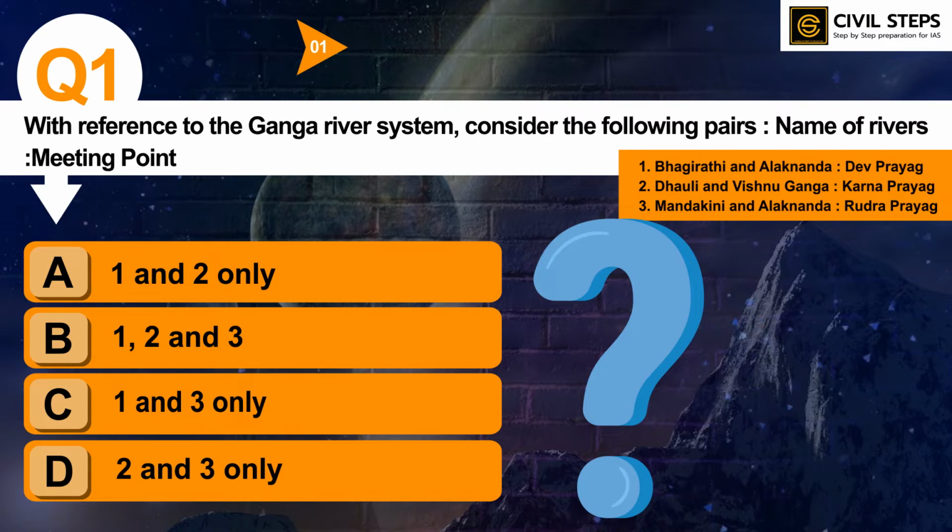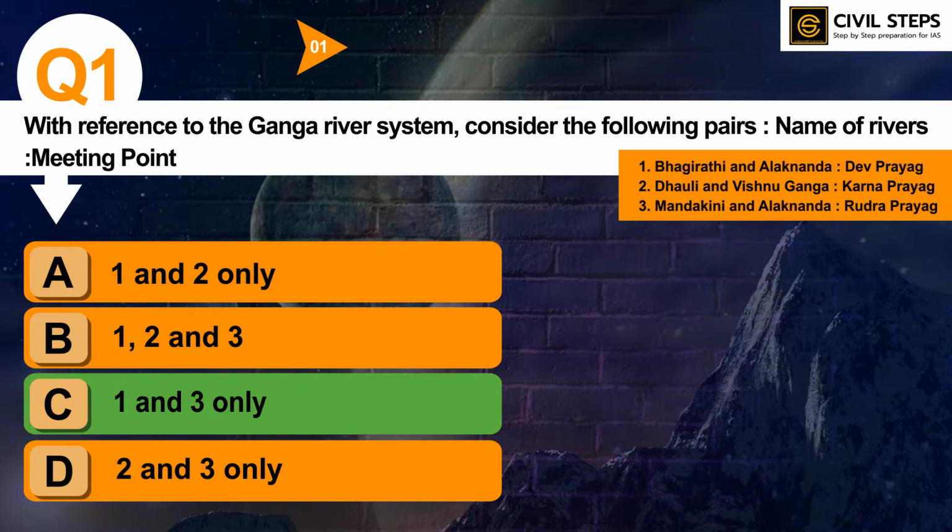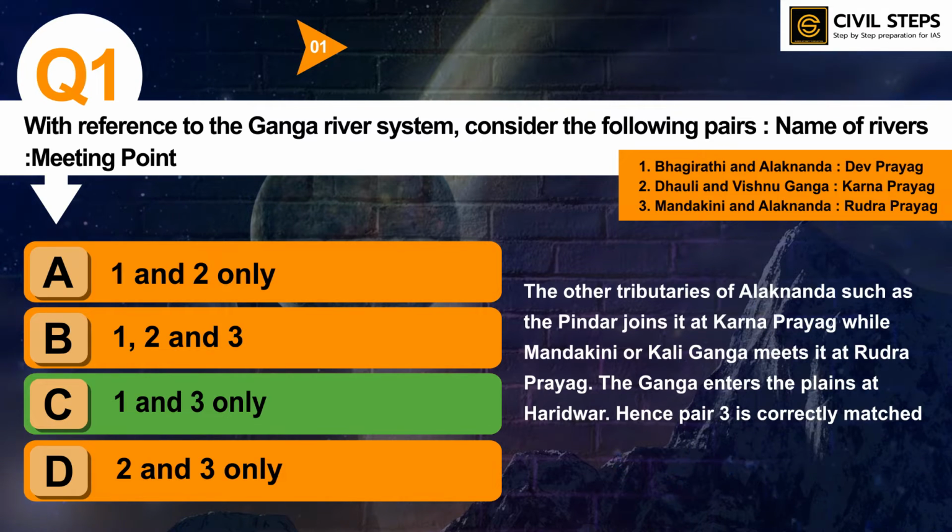The correct answer of this question is option C 1 and 3 only. The other tributaries of Alaknanda such as Pindar join it at Karnprayag, while Mandakini or Kali Ganga meets it at Rudraprayag. The Ganga enters the plains at Haridwar. Hence, pair 3 is correctly matched.